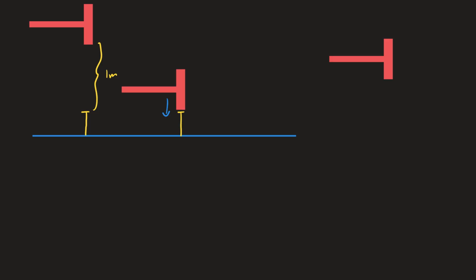Does that make sense? So it's moving, but then there's the state of the problem where the nail has moved a small distance, 0.5 centimeters, and the hammer has come to rest.